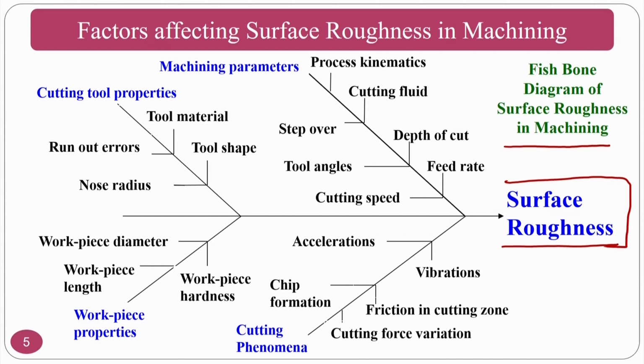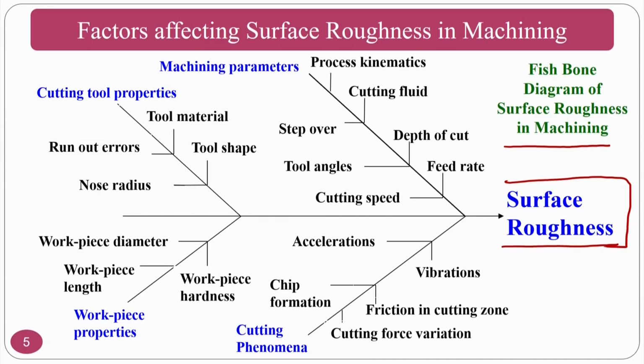There is a difference between parameter and response. If I say an input parameter, that means I can vary it, because I am the person operating this machine. If the feed rate is an input parameter, I can vary it. When I talk about the surface roughness, it is a response. That means I cannot control it, because it is an output response.